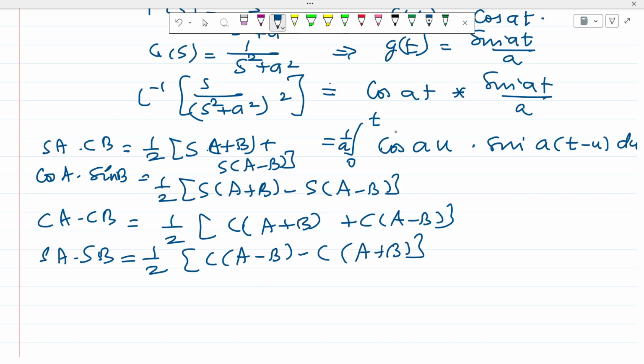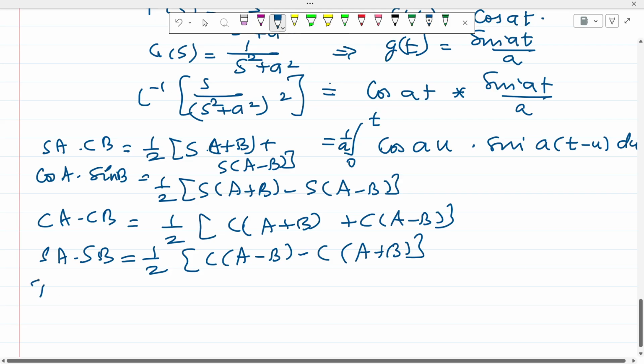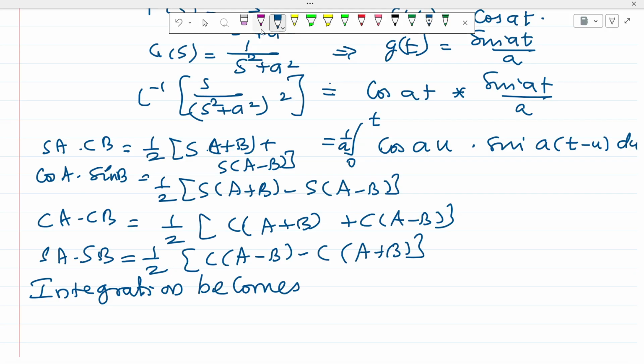Then how can we write this integration now? Okay, now continuation of the problem.